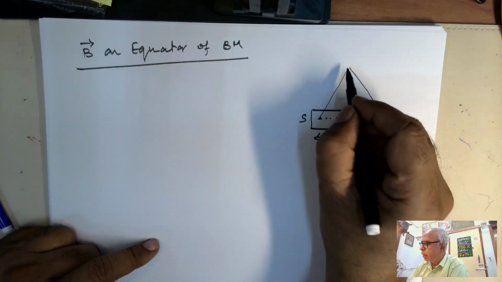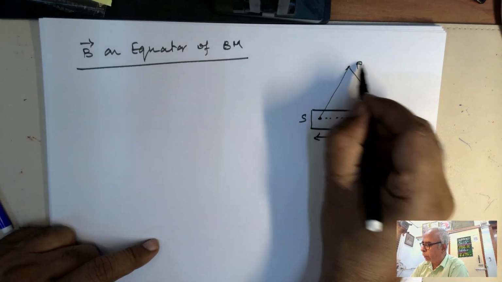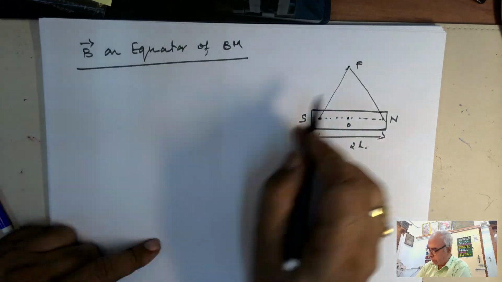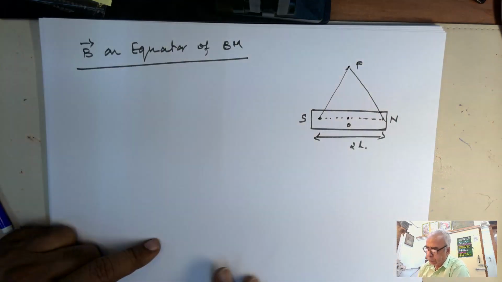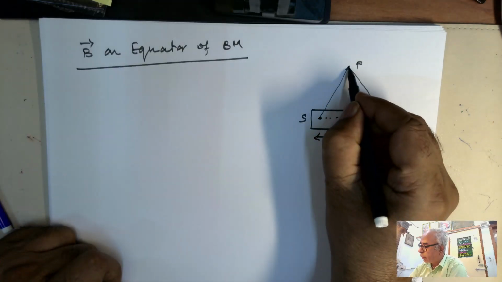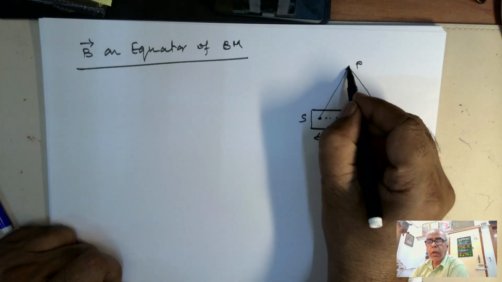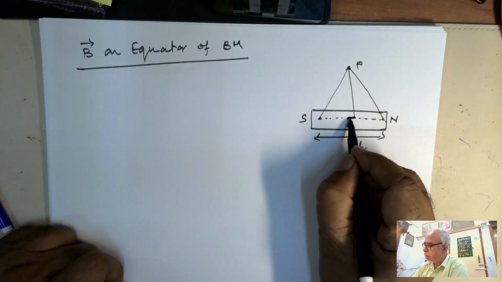It means it is equally influenced by north pole and south pole. Okay. The point is P, where we are going to study the magnetic field, and its distance from the center of the bar magnet is R.